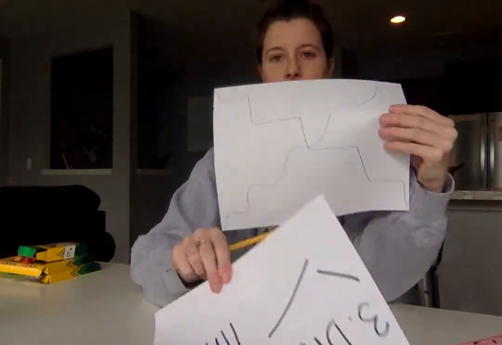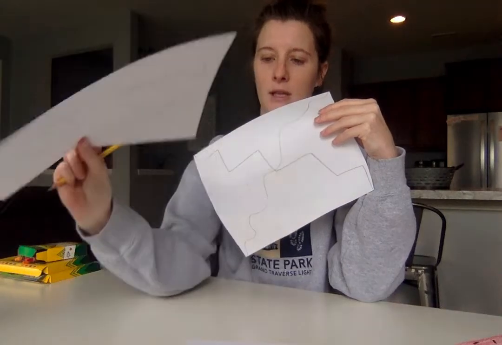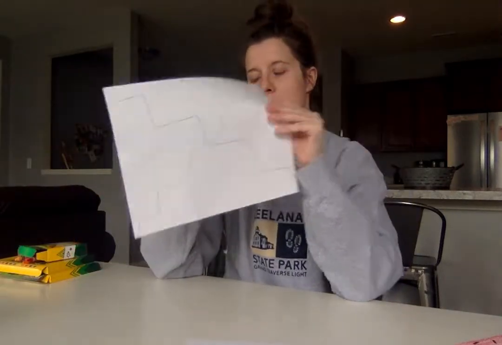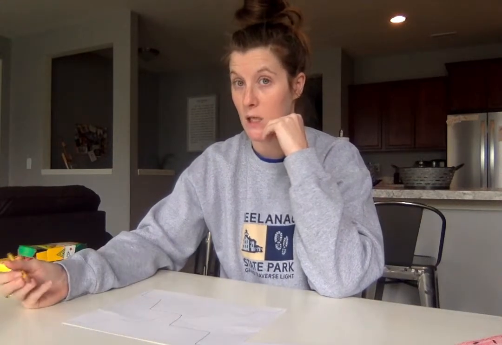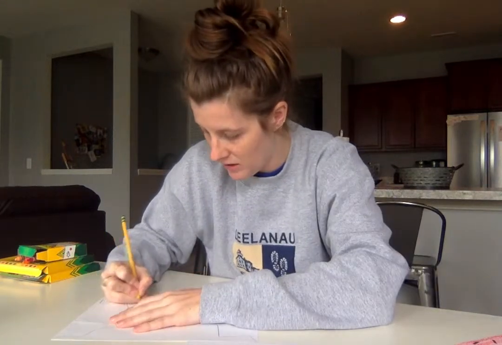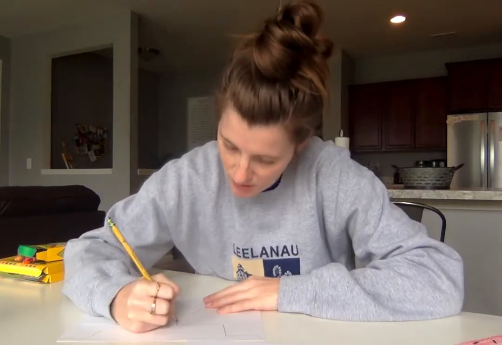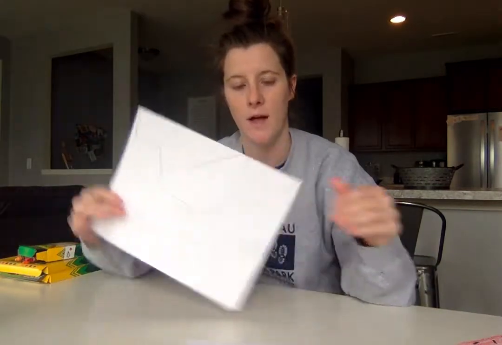Okay, step 3. Draw 2 diagonal lines. So anywhere on my paper, I can draw 2 diagonal lines. So I will do one diagonal here, and then I'll do one up there. So there's my diagonal lines.